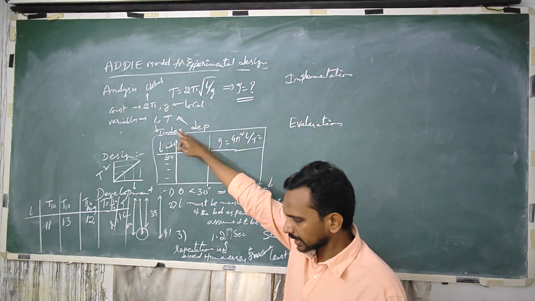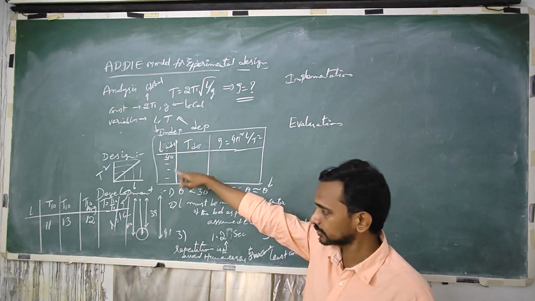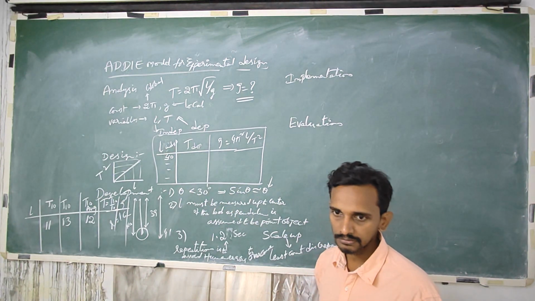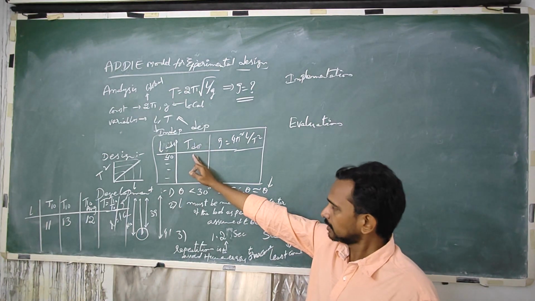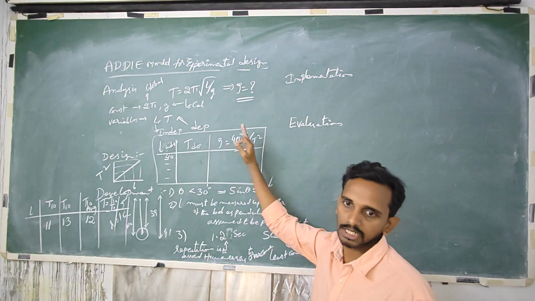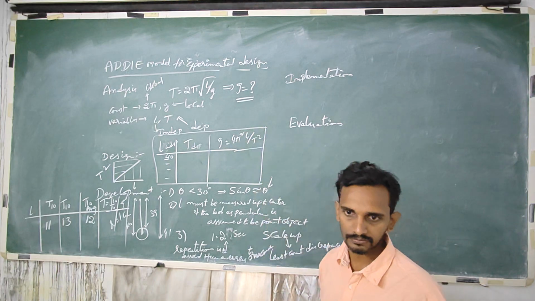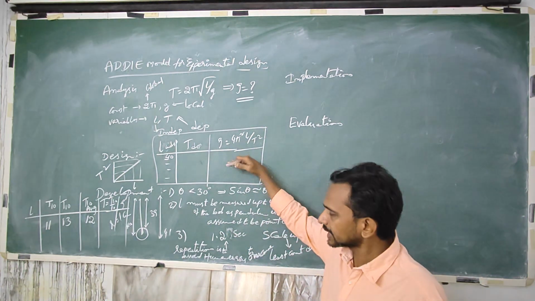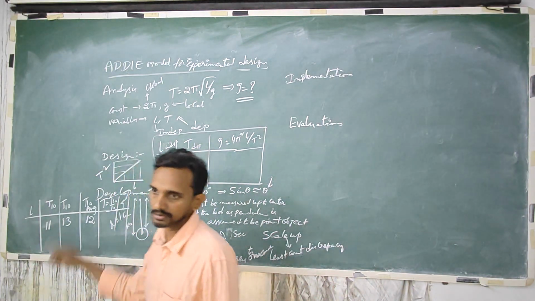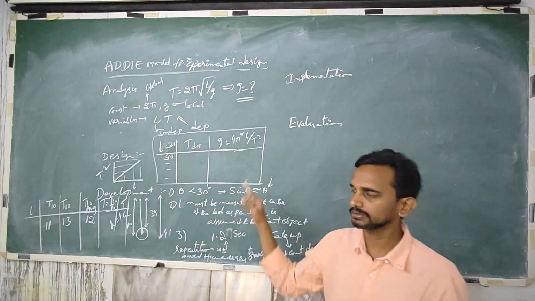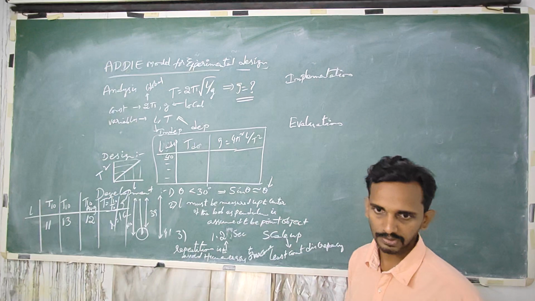So I varied the variables under control, and measured the values of dependent variables and calculated the value that I need. So this is how I designed an experiment, and I plotted a graph for L versus T square, because that is the relation that exists in this equation.